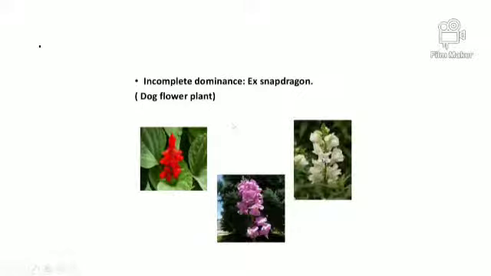But in case of this incomplete dominance, you are getting the pink color. So one character is not completely dominant, it is partially dominant. The partially dominant character and the partially recessive character are combined together to form a pink color.